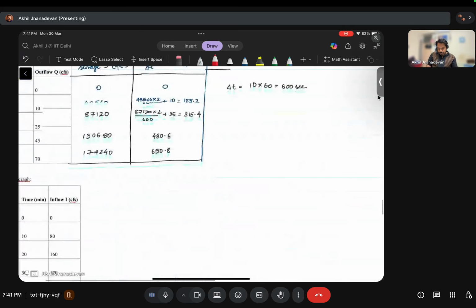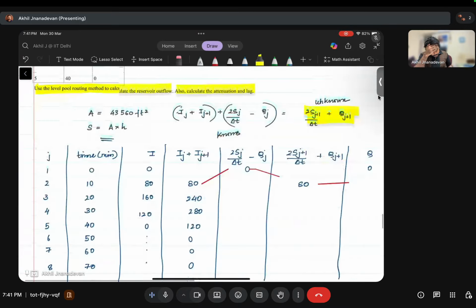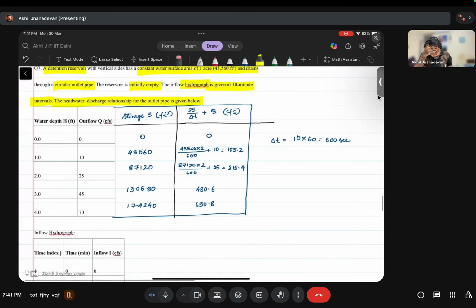We already have a relationship here, how 2S by delta t plus Q is related to Q. If 2S by delta t plus Q is equal to 80, it lies between the first two terms, that is 0 and 155.2, right? So the outflow will be between 0 and 10. So what we do is a linear interpolation, and we take the value where 2S by delta t plus Q is equal to 80.